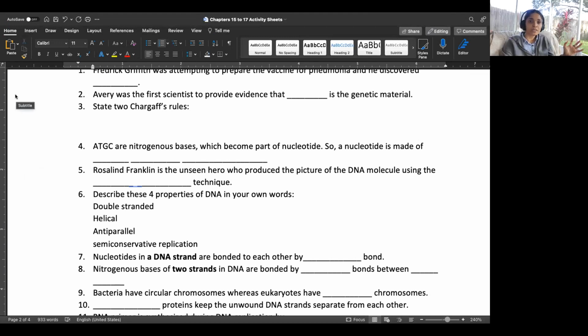So we were talking about Rosalind Franklin, that she is an unseen hero. That means she did not get the credit for the work that she actually did. She was the one who actually said that the DNA molecule is a double helix. But the ones who got the Nobel Prize were 3 other guys.